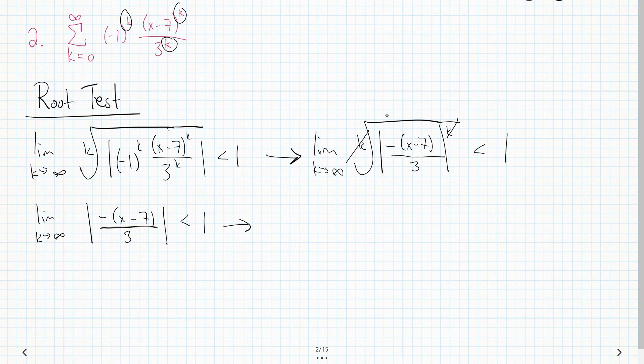And then all of a sudden, what are we left with? Well, we're just left with absolute value of x minus 7 over absolute value of 3. We can multiply both sides by 3, and you get the absolute value of x minus 7 is less than 3. So that tells us a radius of convergence. And usually we denote that by r, so radius of convergence is r equals 3.